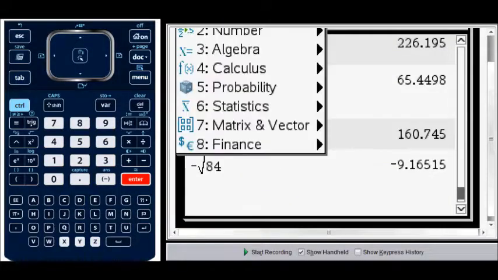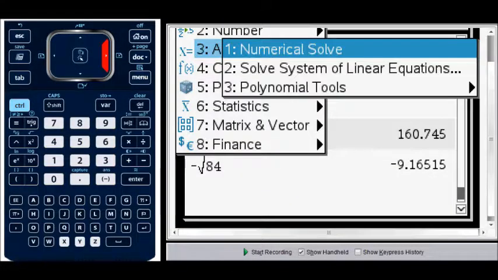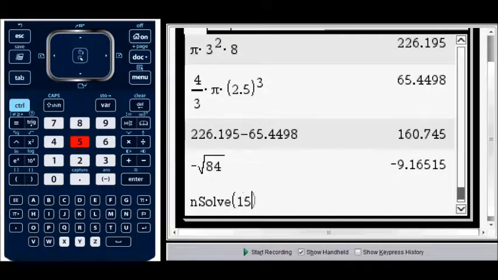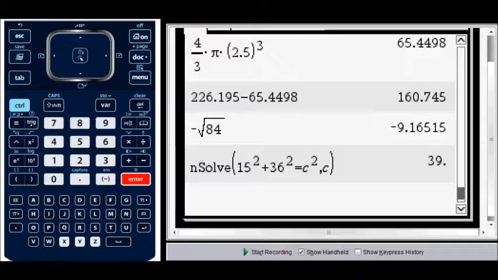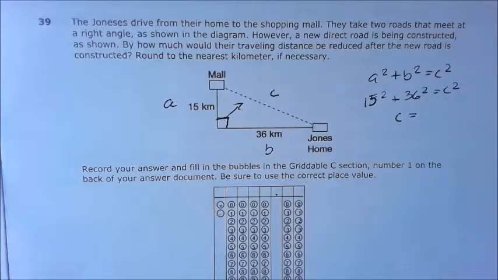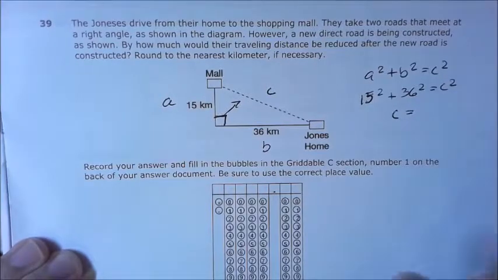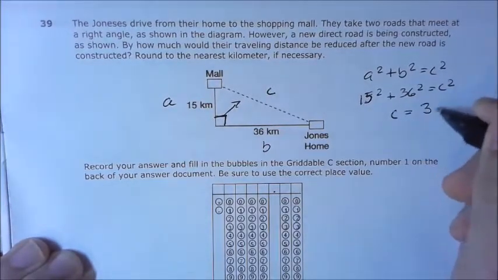We're going to hit menu, go down to option 3 for algebra, and option 1 for numerical solve. And we're going to do 15 squared plus 36 squared equals C squared, and we're going to put comma C. Going to hit enter, and that's going to give us 39. So let's document that real quick. So we have C is equal to 39.